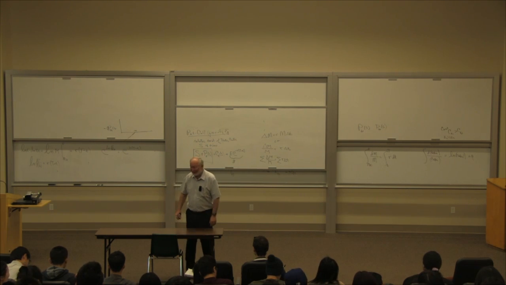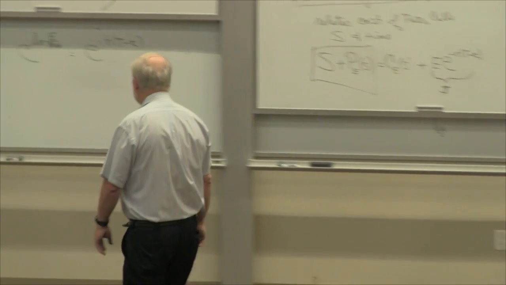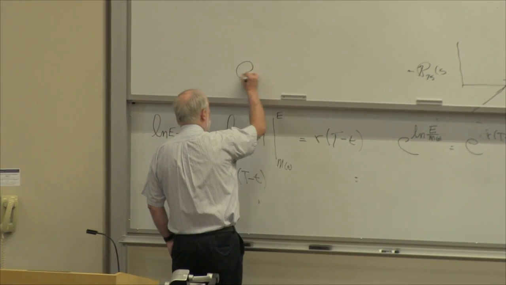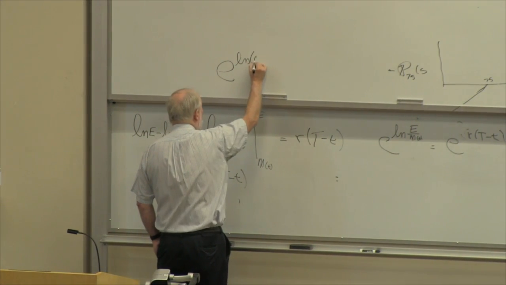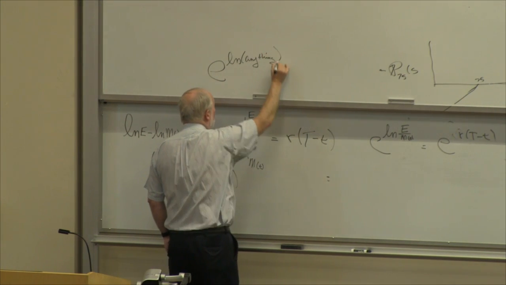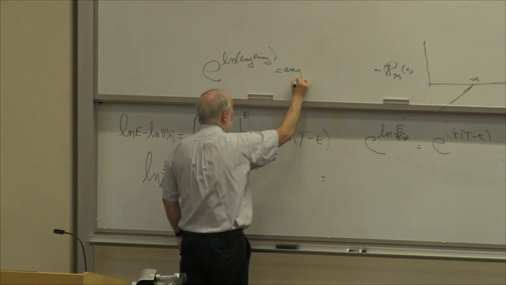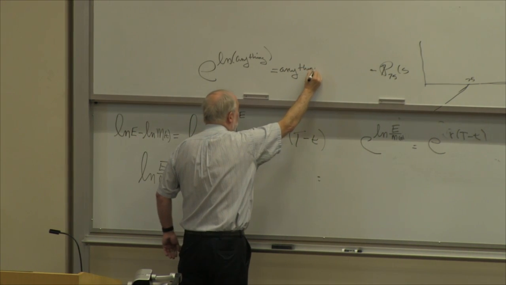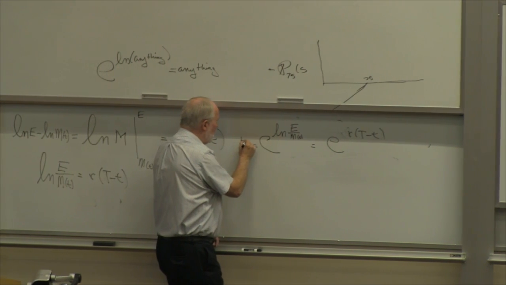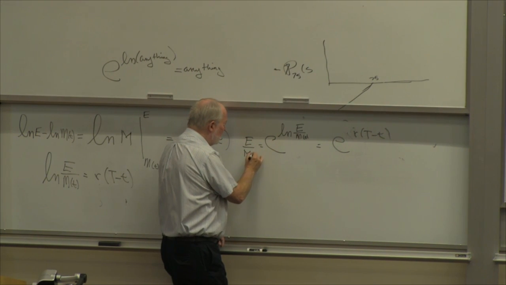Whew. Okay. So now what happens is, remember the relationship between E and natural log. E to the natural log of anything equals anything. So what I have is that this is equal to E over the amount of money.